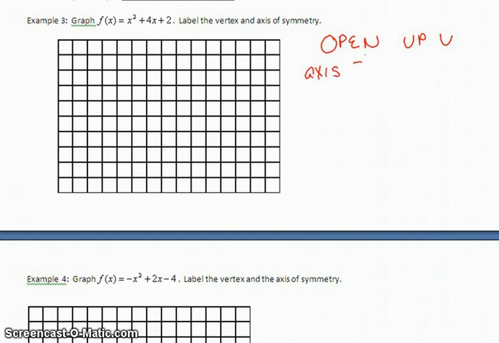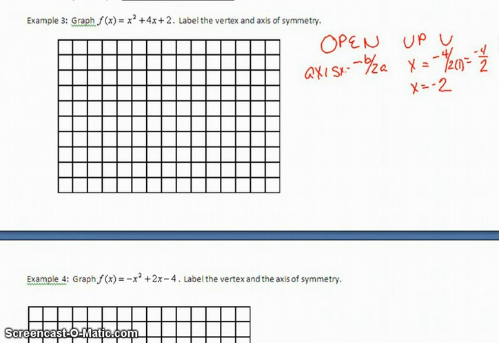I'm going to use negative b over 2a, and that equals x. So x equals, b is 4, so minus 4 over 2 times 1 equals negative 4 over 2, or x equals negative 2 is my axis of symmetry.